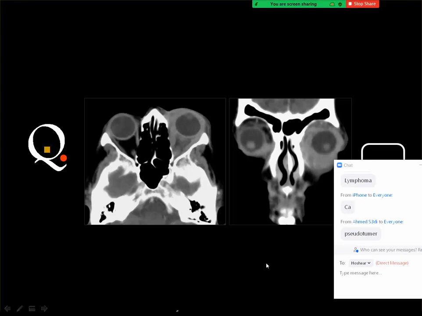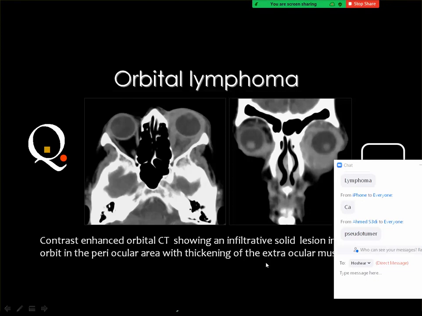You know that orbital pseudotumor involves predominantly the fat and the lateral rectus muscle, and it may produce thickening of the posterior sclera.